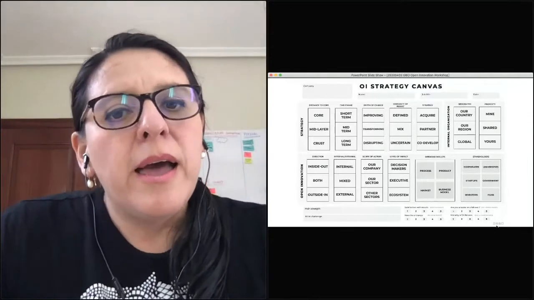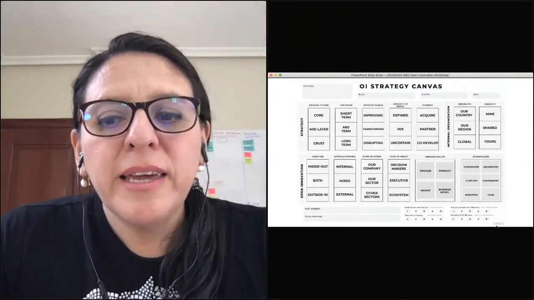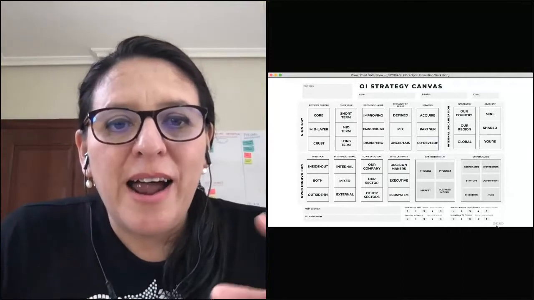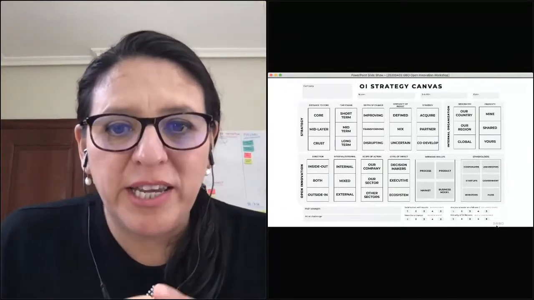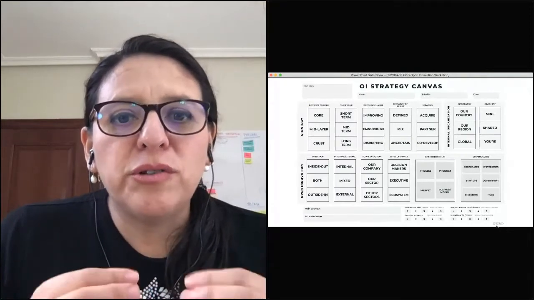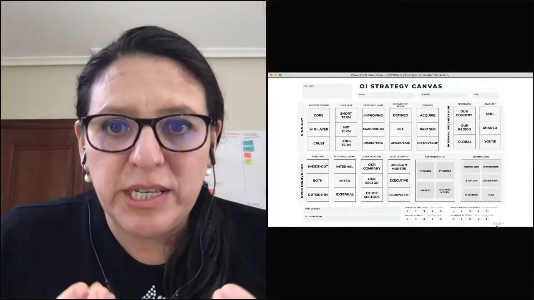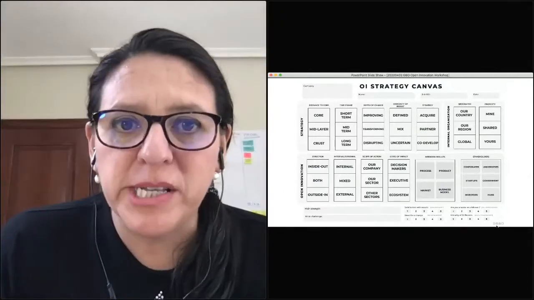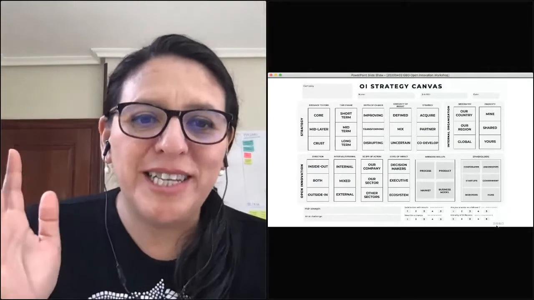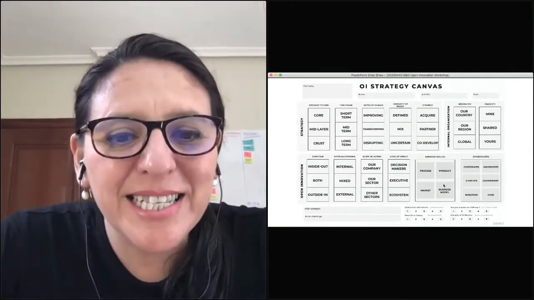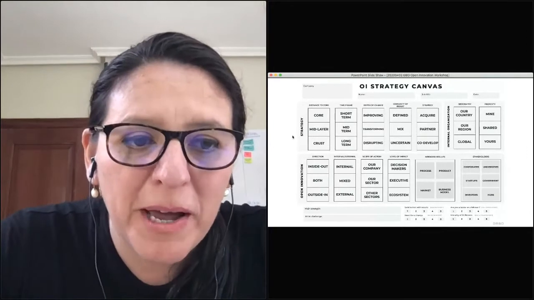So what I did here is identify the main variables that are in the mix of the strategy and find a way for us to discuss them with others in a simple way. I got inspiration from the business model canvas. I called it the Open Innovation Strategy Canvas, and it has all these variables grouped by main categories.